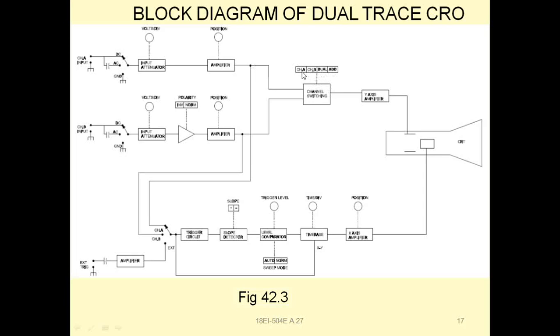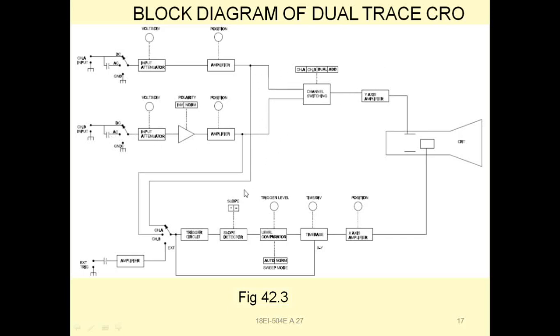When the slider switch is in channel A, then the vertical input switch would be connected to channel A and channel B will not be connected, or it will be floating. When the channel selector switch is in channel B position, channel B input is connected to the vertical amplifier through this arrangement.